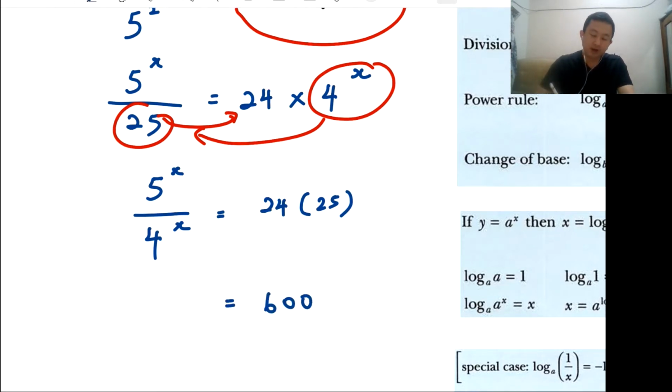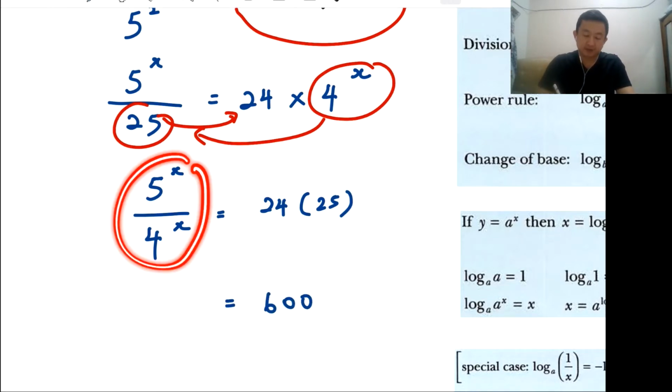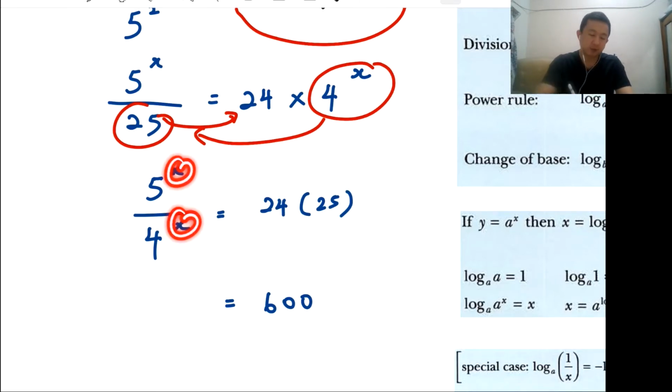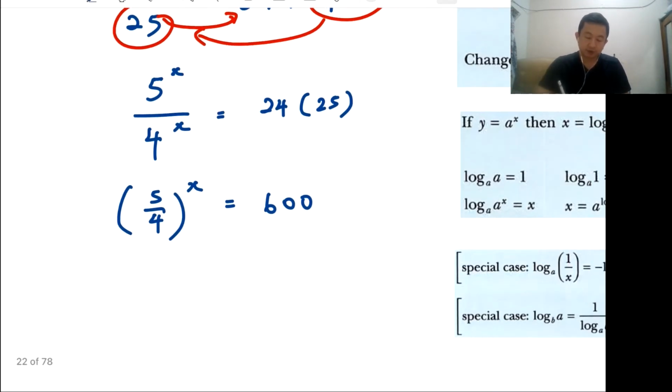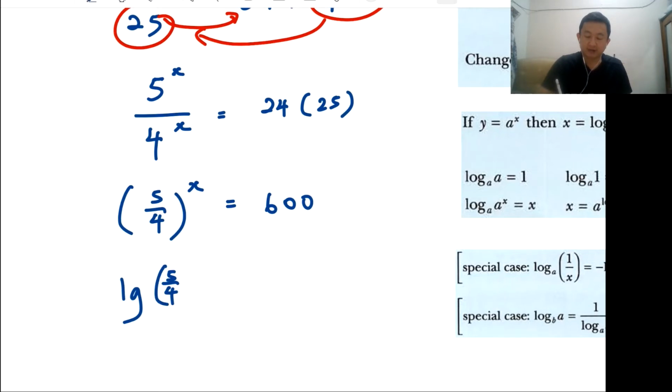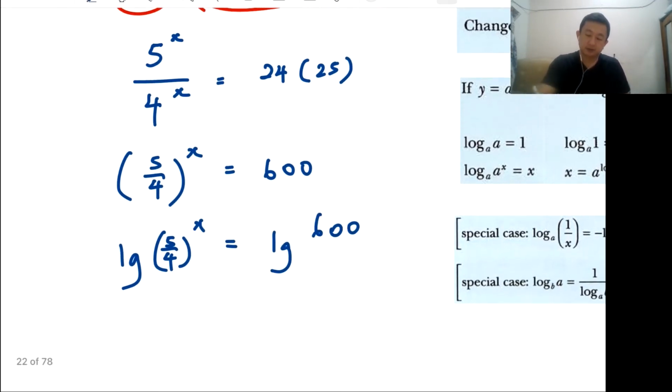Okay. Why do I group them at the one side with the same power? Because whenever there's the same power, I can take the power out and I can write like this. And then only I do the log. So I put LG base 10 of 5 over 4 to the power of x equals to LG 600. X, you bring it over.